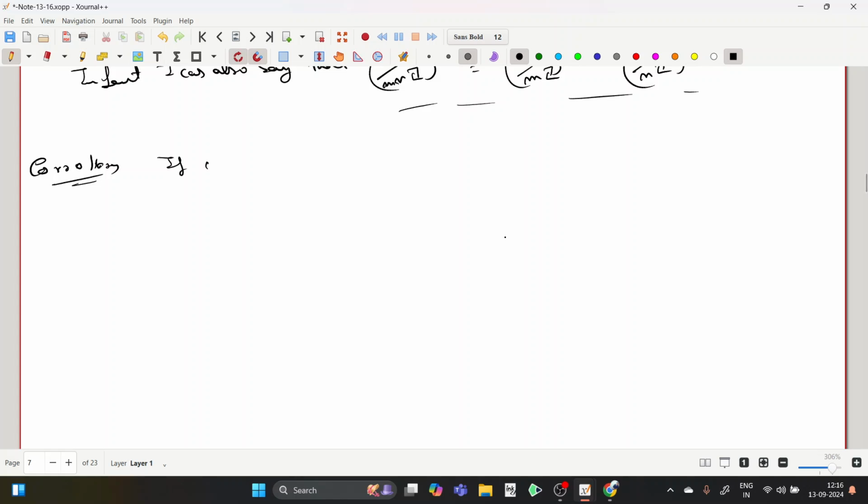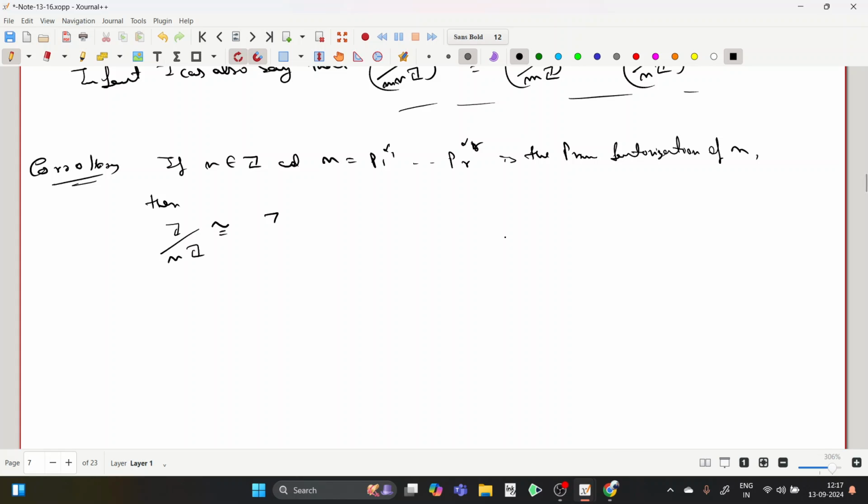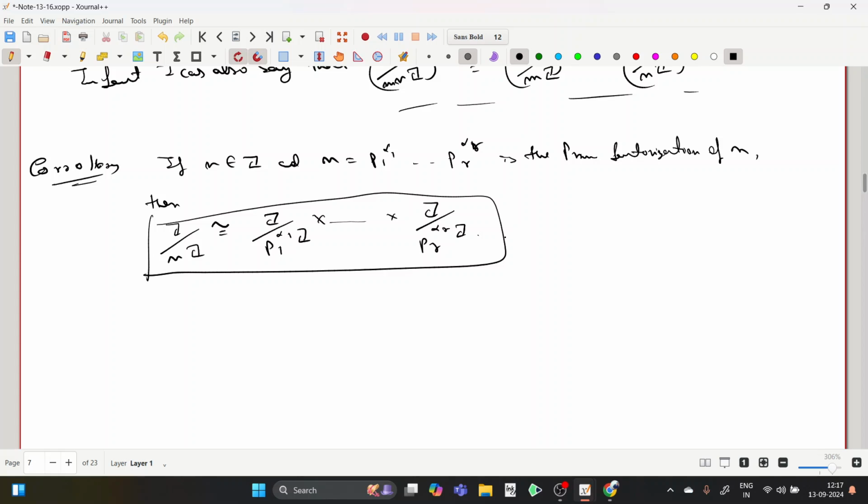The corollary is that if n is in Z, and I can write n as p1 to the power alpha 1 till pr to the power alpha r, the prime factorization of n, then Z mod nZ is isomorphic to Z mod p1 to the power alpha 1 Z cross till Z mod pr to the power alpha r Z. This immediately follows from the Chinese remainder theorem.